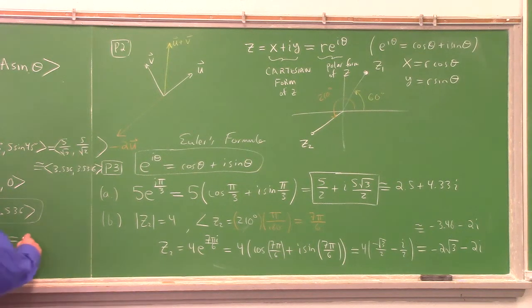But that's not the standard angle of this vector, is it? Because if we picture A plus B, it's got a negative x and a positive y. It's over here somewhere.